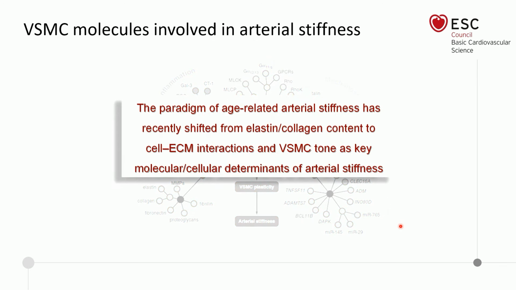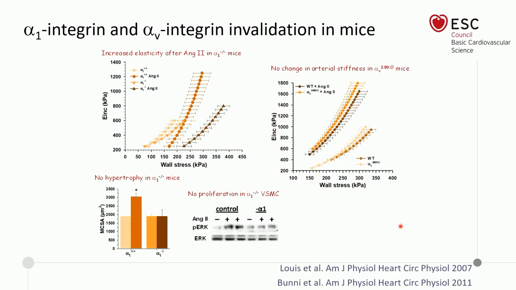The paradigm of age-related arterial stiffness has recently shifted from elastin and collagen content, increase in collagen, and fragmentation of the elastin network, to cell-extracellular matrix interactions and vascular smooth muscle tone as key molecular and cellular determinants of arterial stiffness. And we can first look at the integrins, which represent major receptors involved in mechanotransduction in vascular smooth muscle cells.